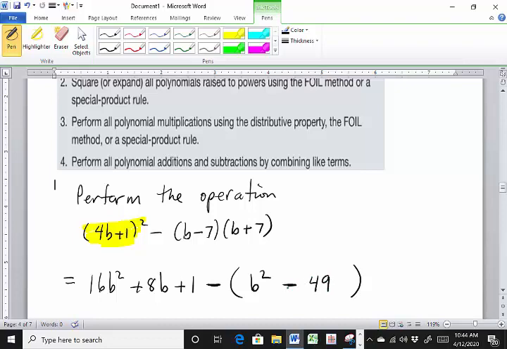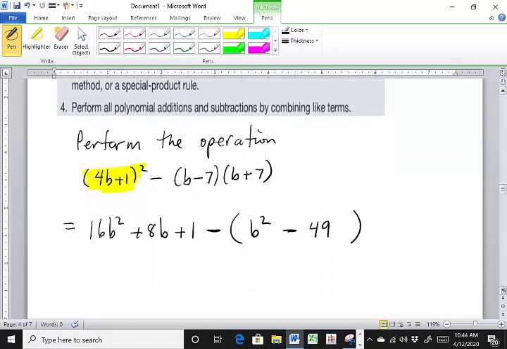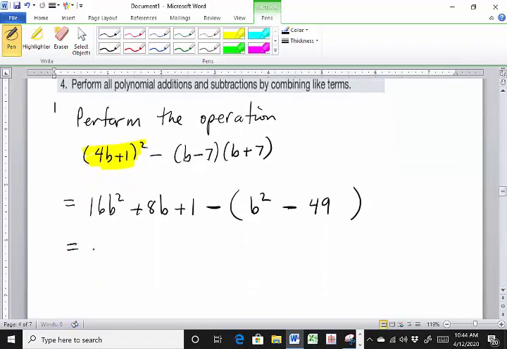Then we can go to the next step. That's 16b squared plus 8b plus 1. The opposite of everything in the parentheses, so that's minus b squared, and then plus 49.